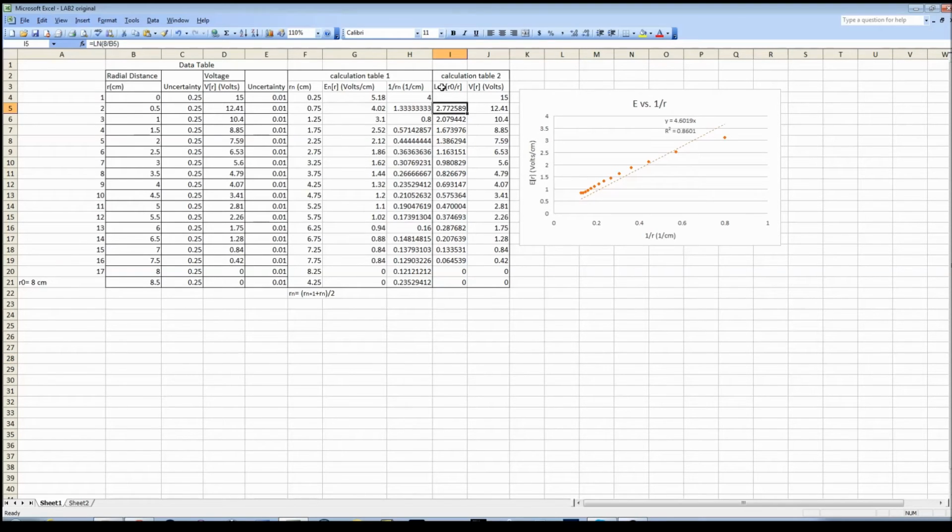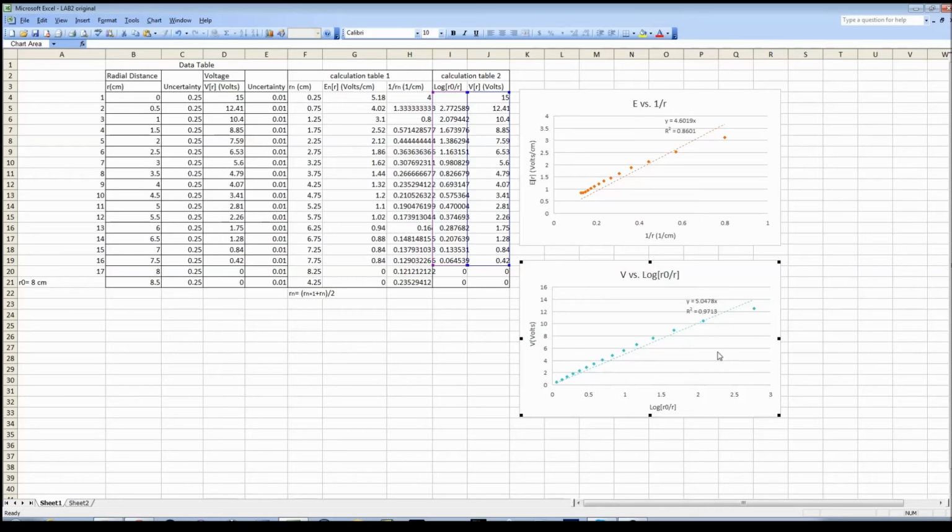For log of R naught over R, we simply take the natural log of 8, which is our R naught, since it is 8 centimeters between the central wire and the shield. So we have 8 divided by the distance away from the central wire, and we take the natural log of that. Then we'll plot a graph of log of R naught over R versus VR.